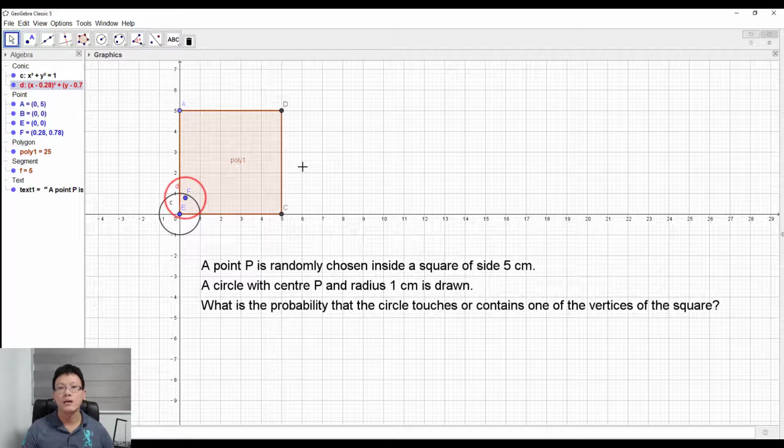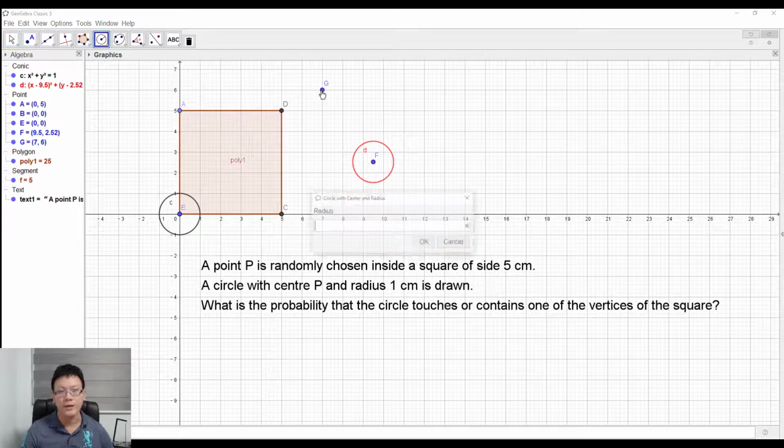Hence, the region where the point must lie is this quadrant. So we actually need only 4 quadrants. This quadrant, this quadrant, this quadrant, and this quadrant.